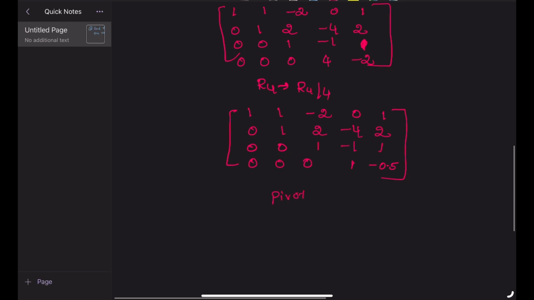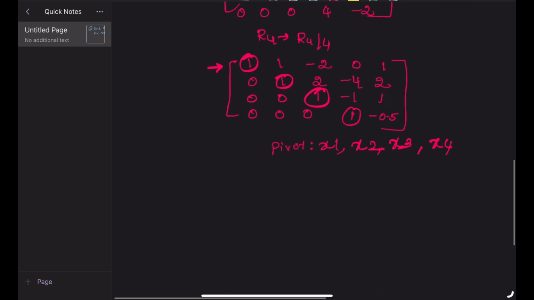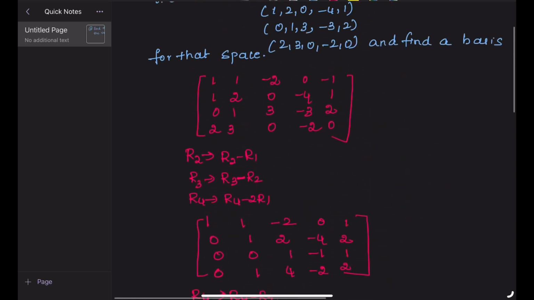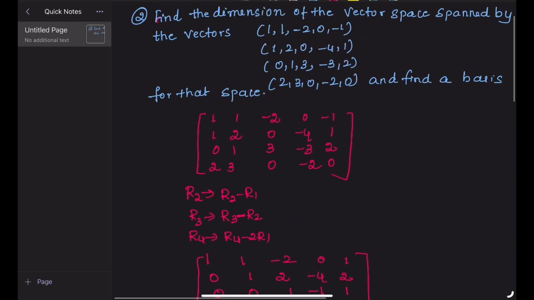Okay, now let's identify the pivot points. The first number is 1, so x1 is there, x2 is there, x3 is there, and x4 is there. Now let us identify the basis. Same step: we'll go back to the question and see what the basis vectors are. Basically all are there, so all the vectors x1, x2, x3, x4 are in the basis.